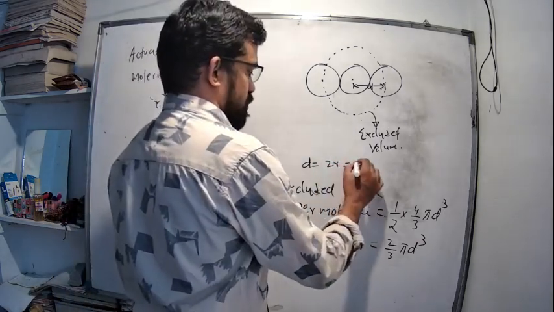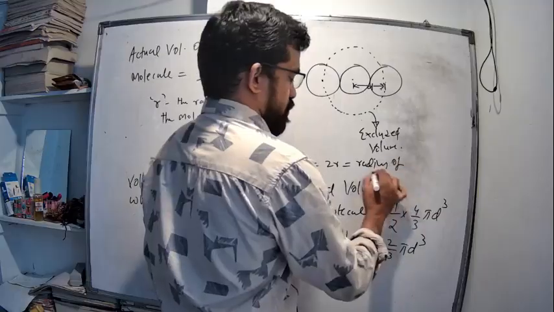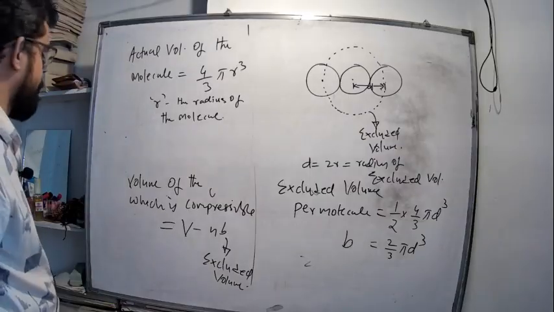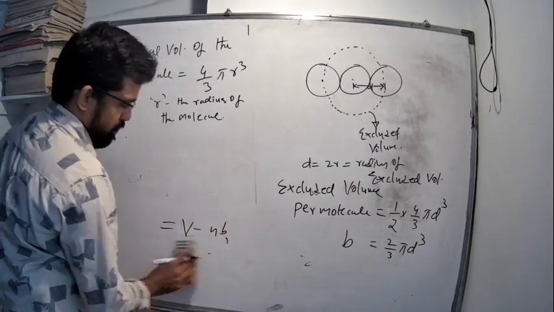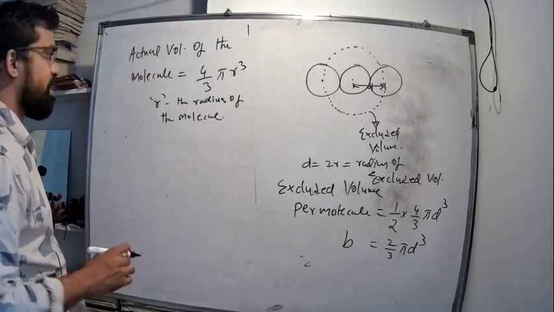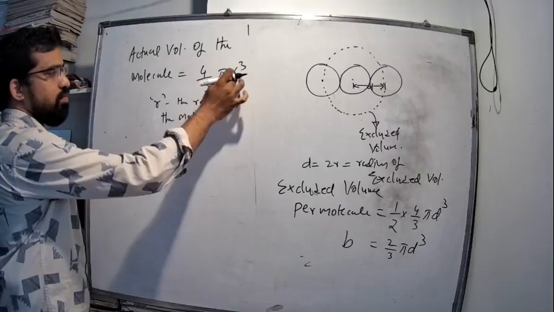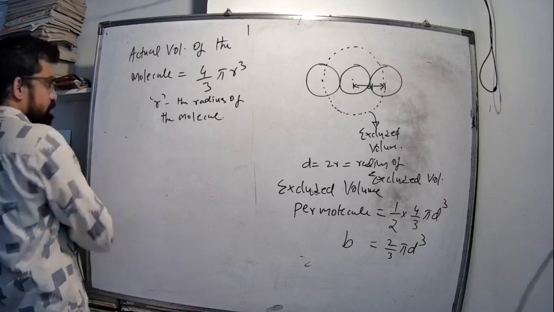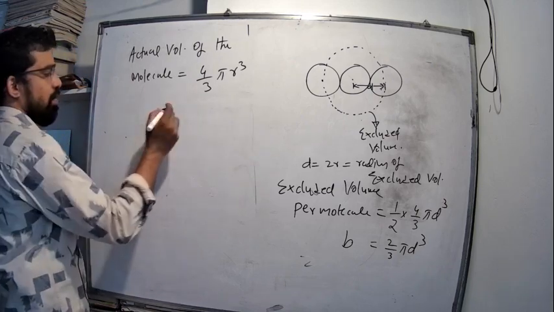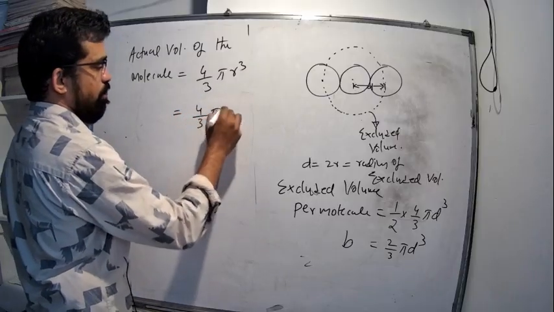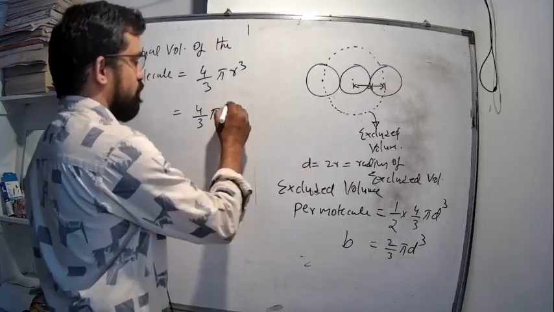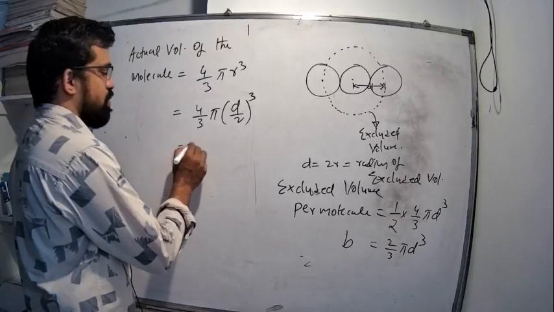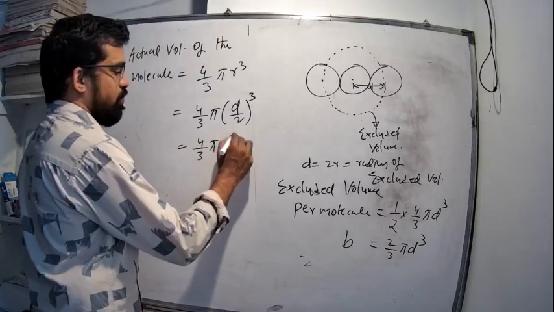Now put the value r = d/2: the actual volume is 4/3 pi (d/2) cube, that is 4/3 pi d cube by 8.